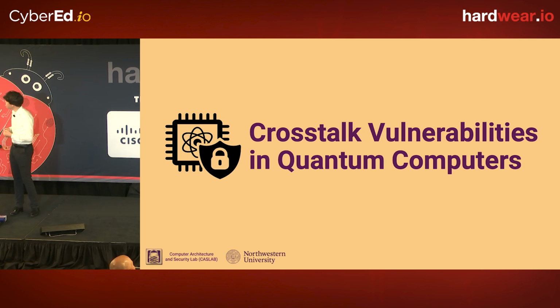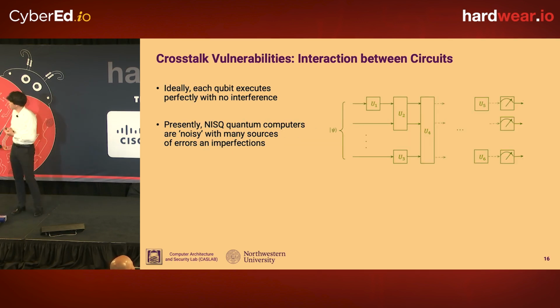So with that picture in mind, now on to crosstalk vulnerabilities in quantum computers. When you execute a quantum circuit or program, you just apply gates to the qubits, and ideally there's no noise and no interference. Unfortunately, today we're in what's called the noisy intermediate-scale quantum, or NISQ, era, which means the qubits and the quantum gates are very noisy.